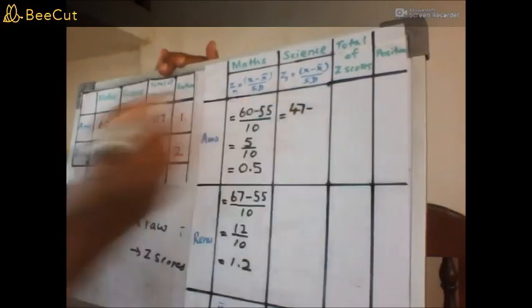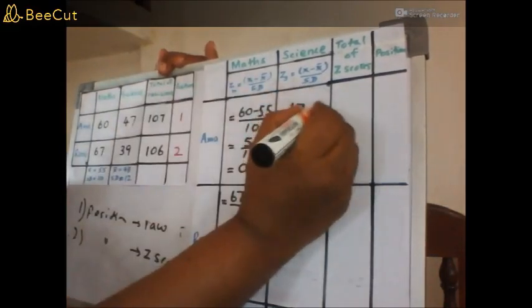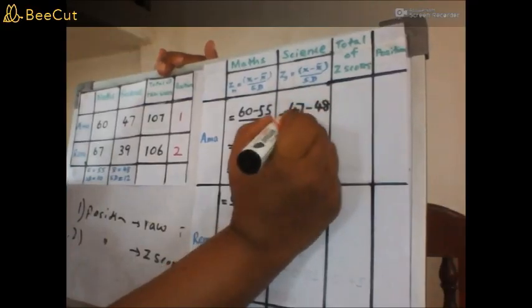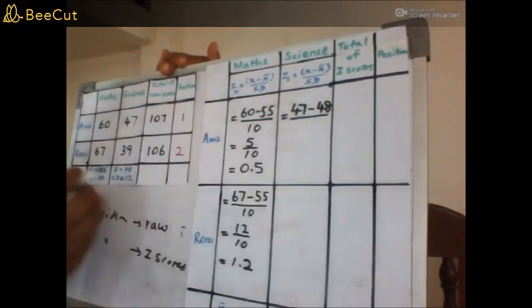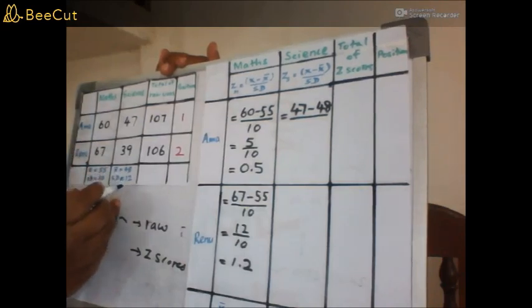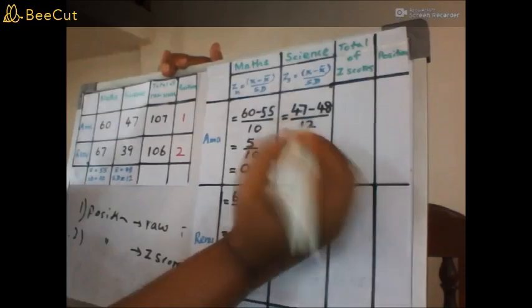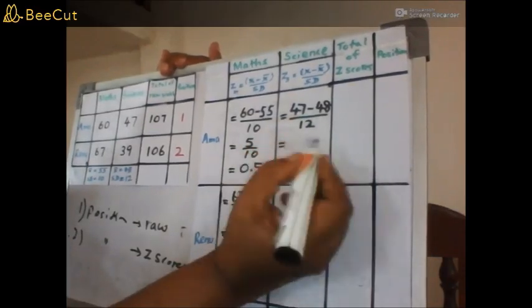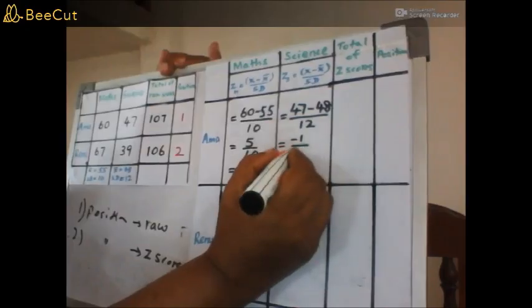47 minus x bar, 48. The standard deviation is 12. Z equals X minus x bar divided by SD. Here it is minus 1 divided by 12.